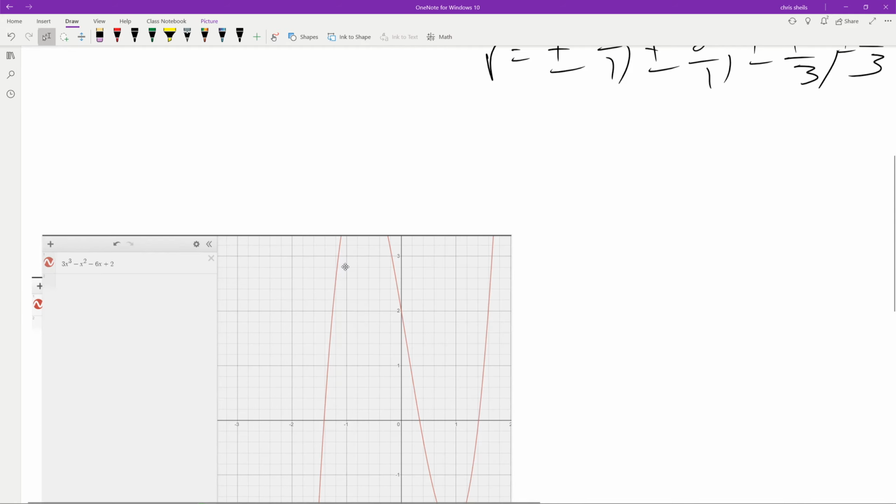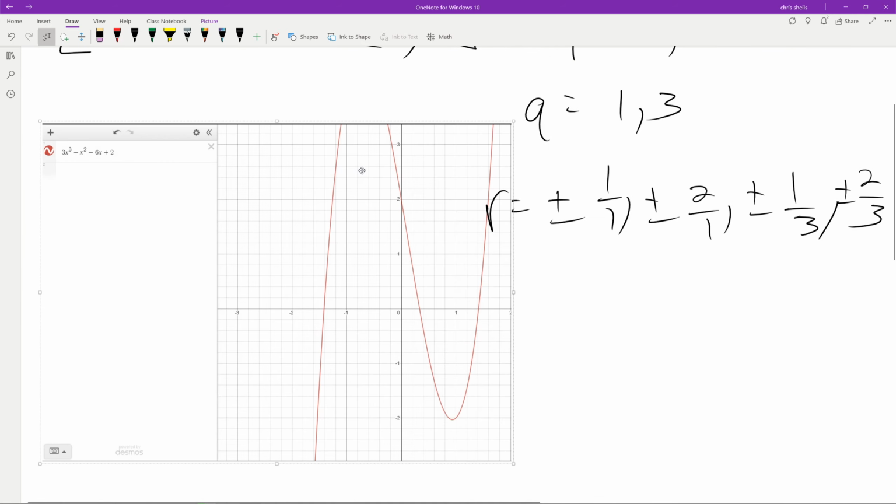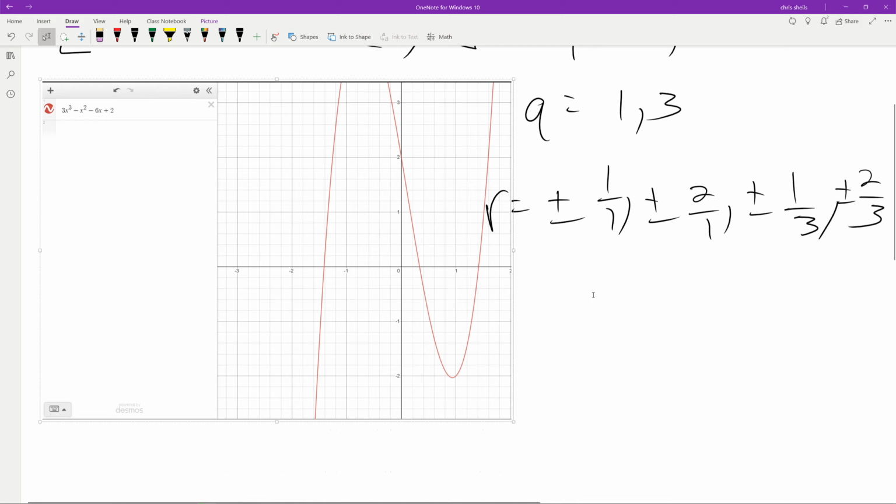If I look at my graph to find what some reasonable roots are here, let's see. Looks like plus or minus 1, looks like that's not going to be it. Let's see. Plus or minus 2, it also looks like that's not going to be it. Plus or minus 2/3. 2/3 would be like here and here-ish.